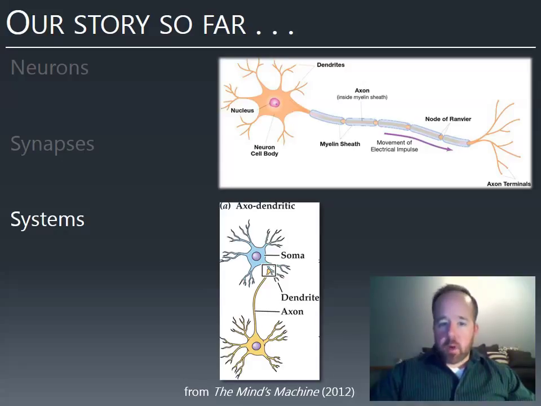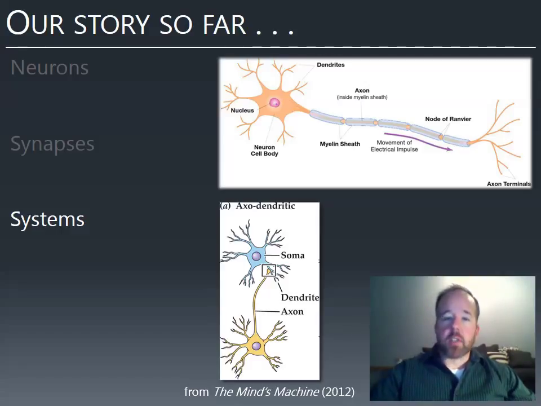And today we'll start talking about systems of neurons. These are large collections of neurons that function together for a single purpose. For example, they increase excitation of the heart and breathing in the case of the sympathetic nervous system, which we'll talk about in a minute, or they process rewards, or they process visual stimuli.